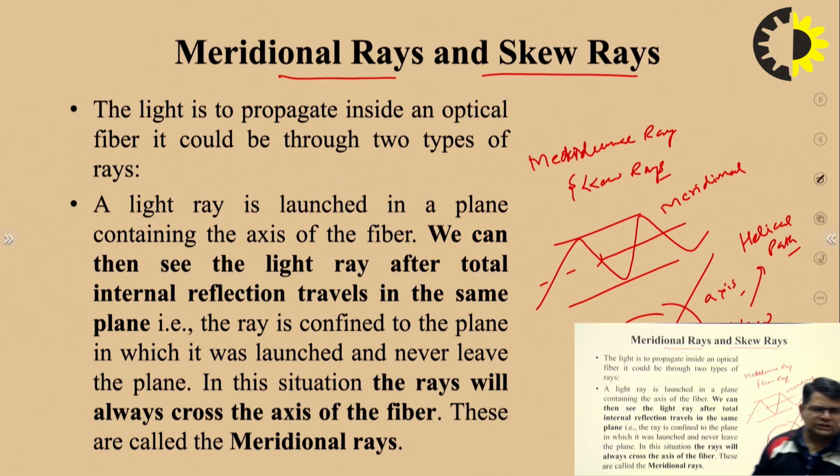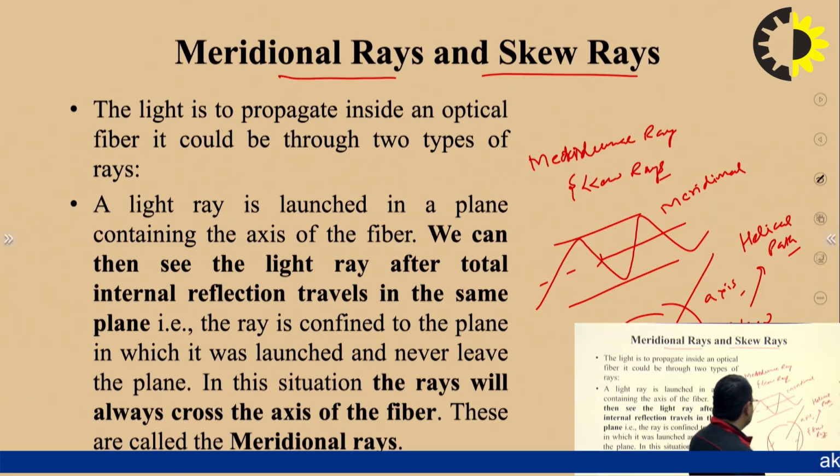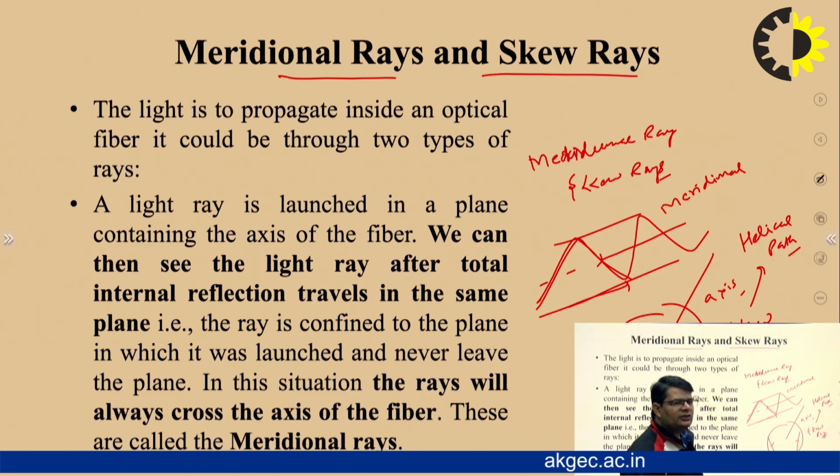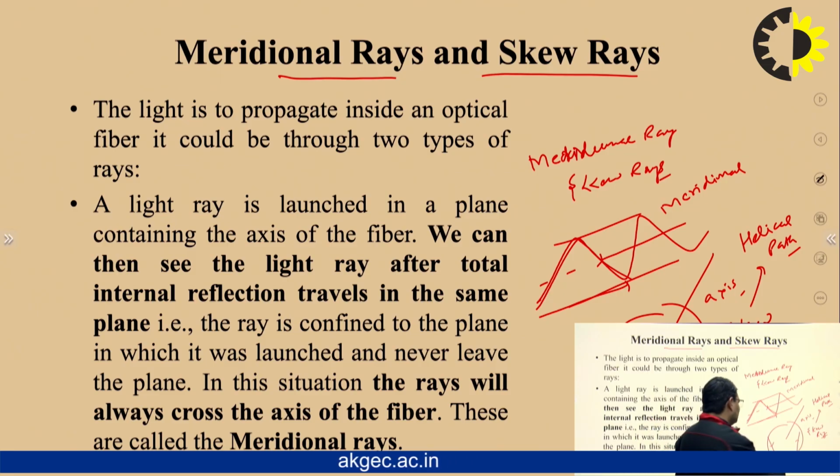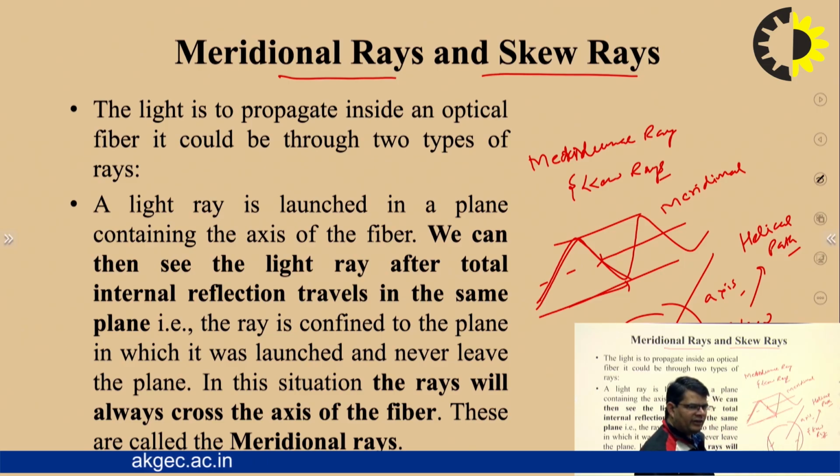A few more observations can be made here. The distance traveled in a single reflection is more in the case of the meridional ray, whereas the distance traveled per reflection in the skew ray is less.